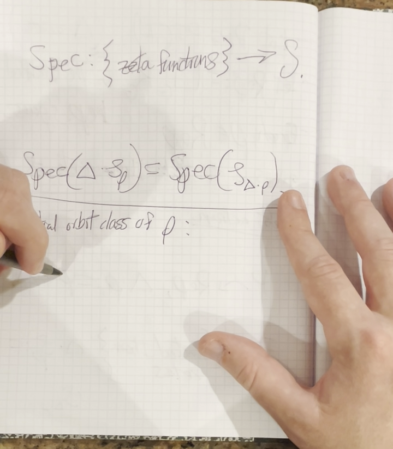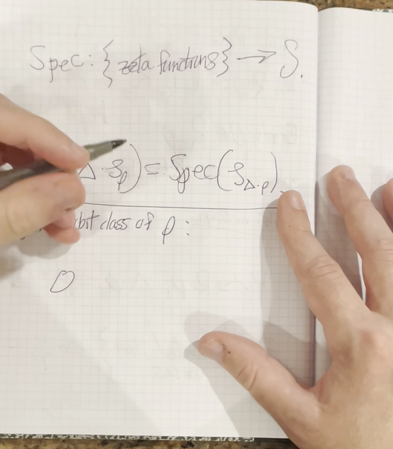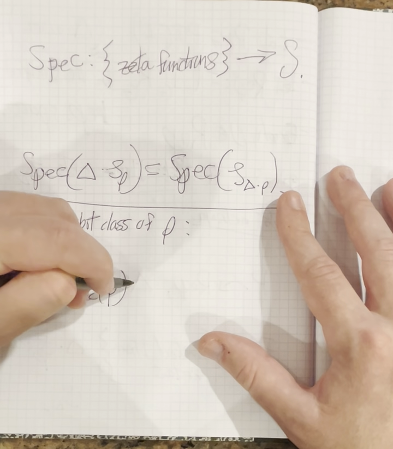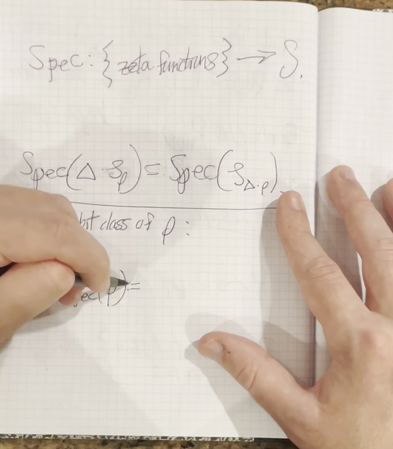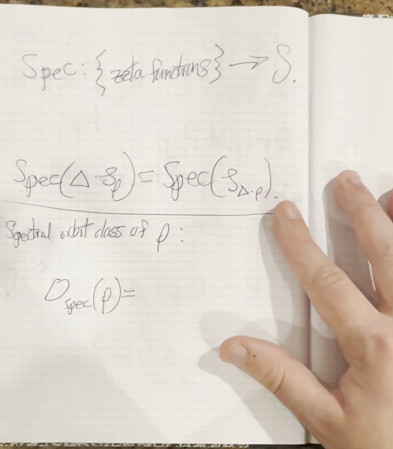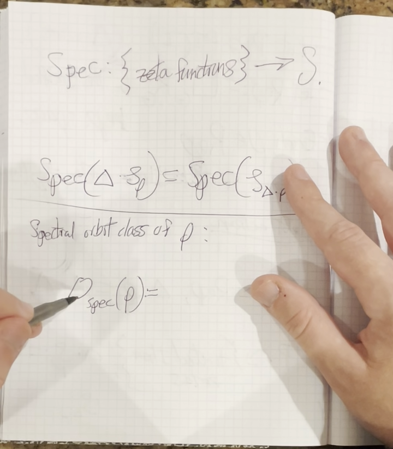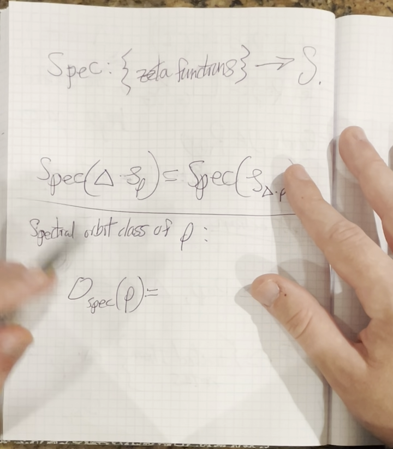All right, so take spec rho, defined to be the spectral orbit of the holonomy.